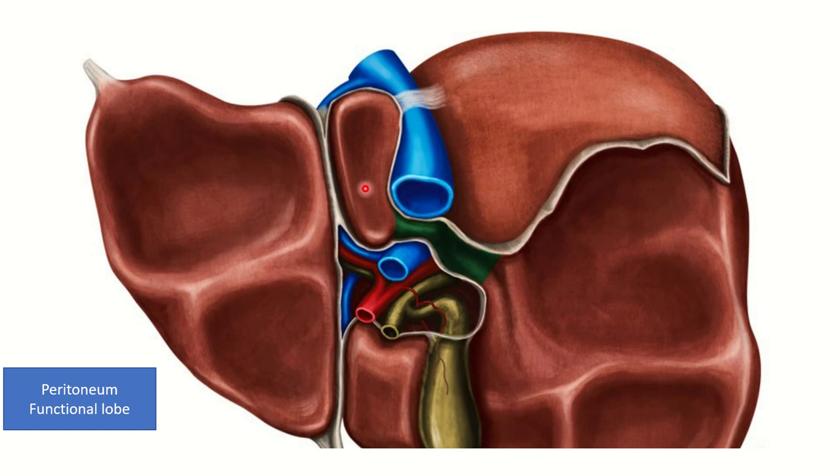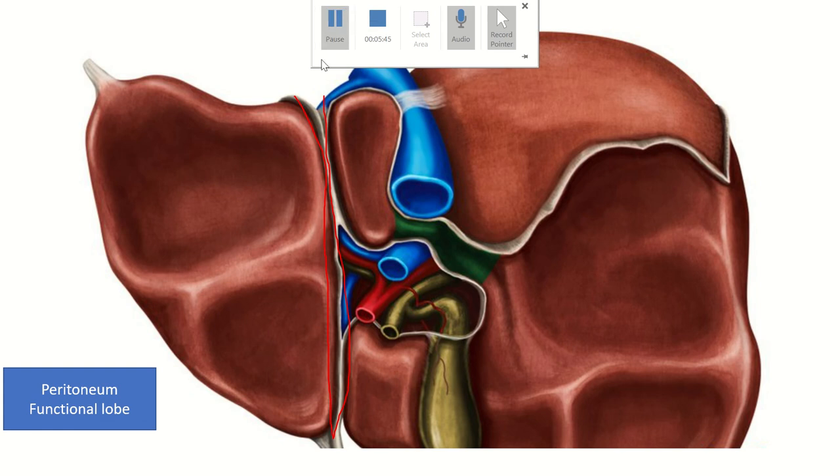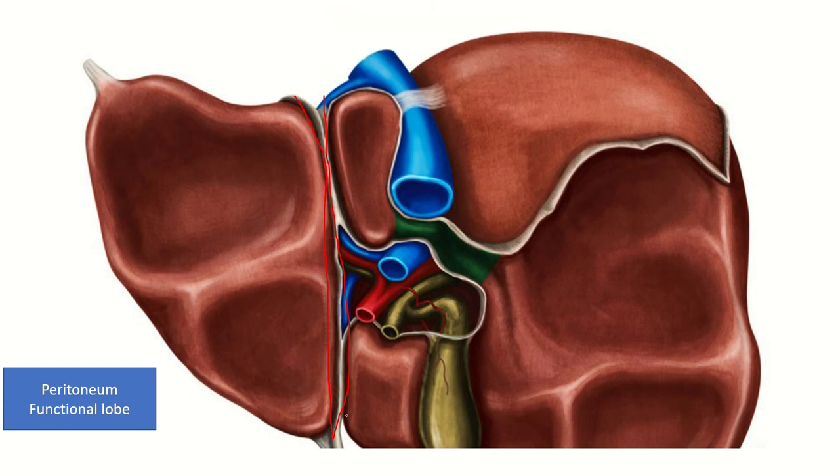We can see the liver is divided into different lobes. They are anatomical and functional. Along this line it is divided into the left lobe and the right lobe along these two ligaments.